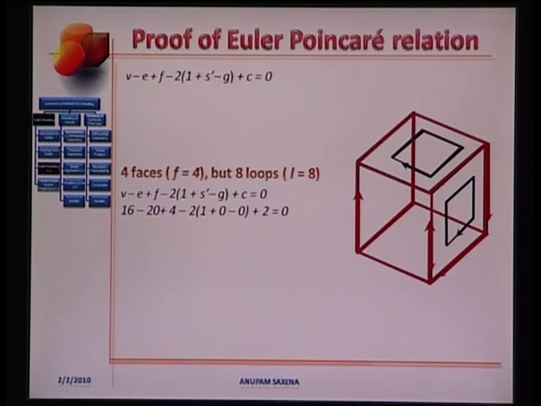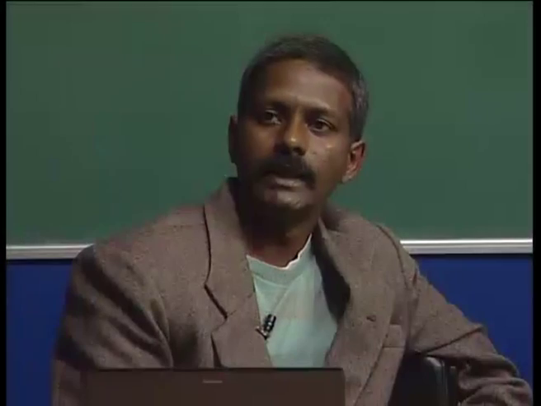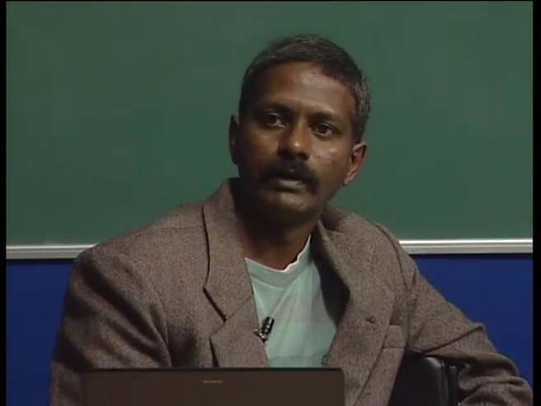We now have 16 vertices, 20 edges, 4 faces, again no interior shell S prime, no handles, and now we have 2 boundary components. So C is 2. What have we noticed? Each time a boundary component is introduced on a face, the number of faces will decrease by the same amount. If I have introduced, let's say, 2 or 3 boundary components, the number of faces will decrease by 2 and 3 respectively.